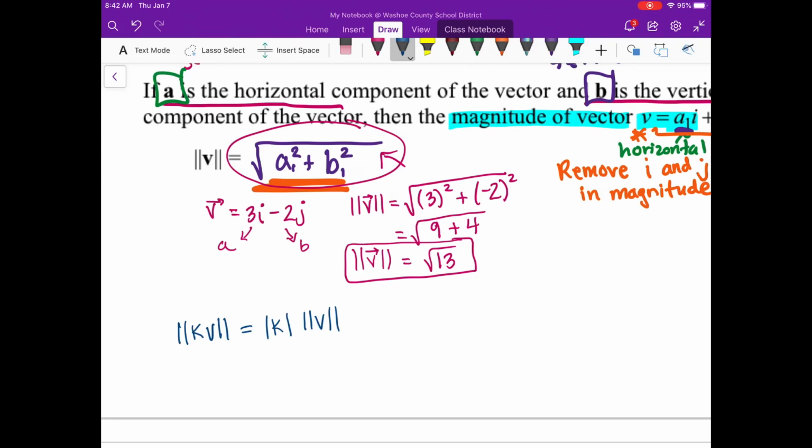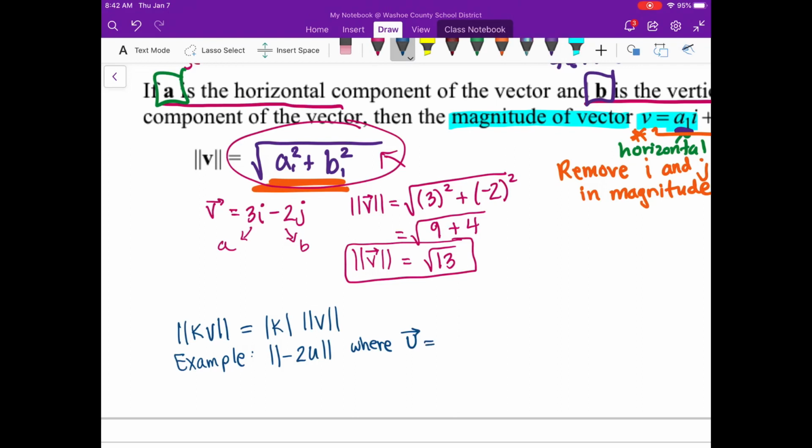okay, so if there's a k, we talked about k being a scalar, and so we're going to multiply essentially the magnitude of vector v by whatever k represents. So this one will make more sense once we do our actual example here. For example, we can say the following.